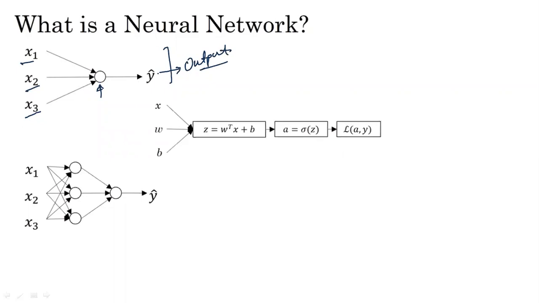This is the final output of a very simple neural network. The logic behind it is that suppose x1 is an x, and x2 and x3 represent my parameters w and b. So how can I get the output y with the help of x, w and b?